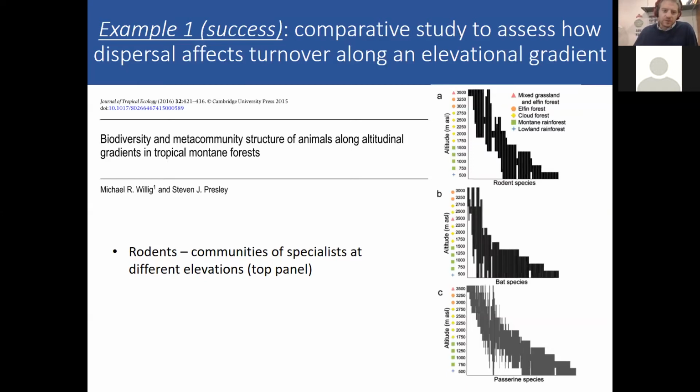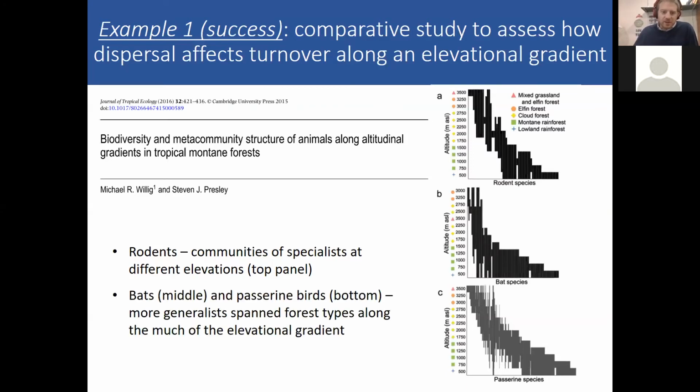So rodents obviously don't fly; bats and passerine birds do fly. They set up a series of predictions to test what community turnover looks like along an elevational gradient. Here in the figures on the right, the y-axis is elevation and corresponds with the forest type. The x-axis is essentially a species list. We can see that for rodents, there are specialists in terms of which elevation they make a living at.